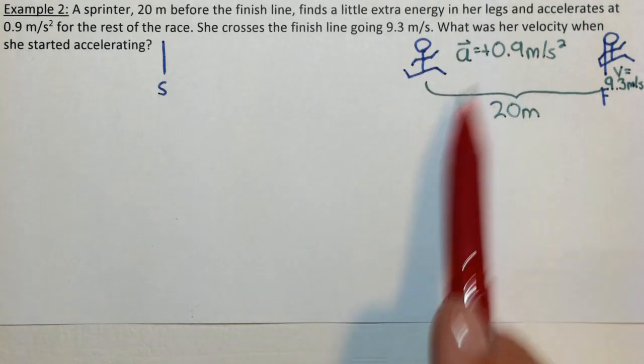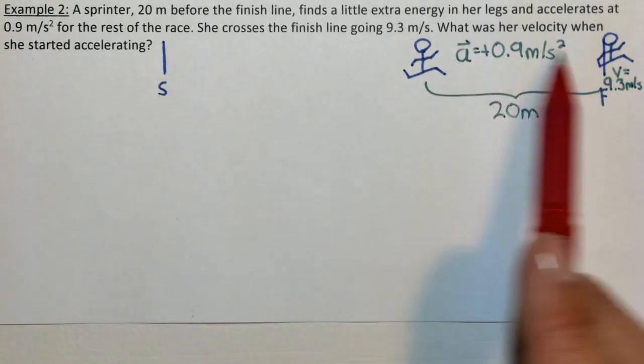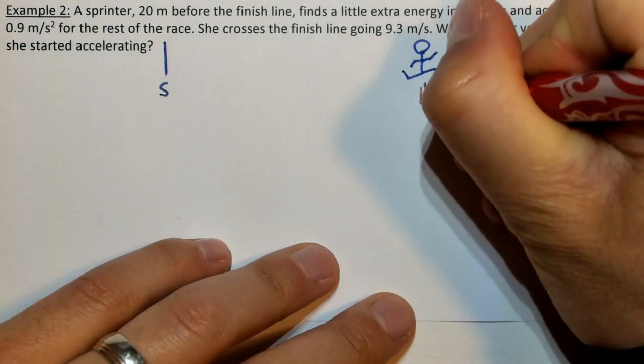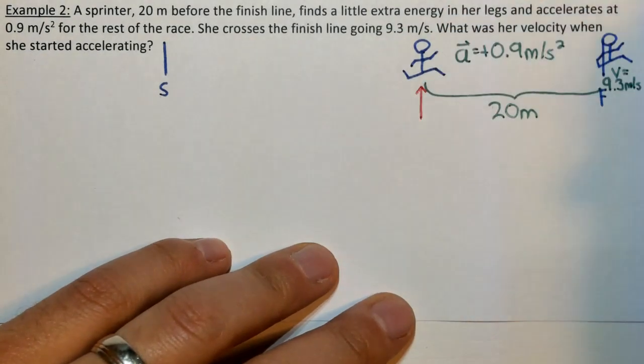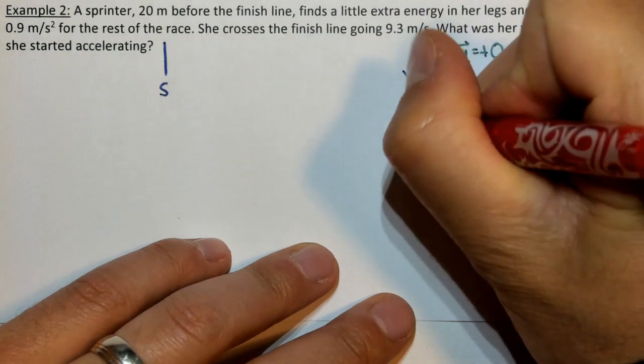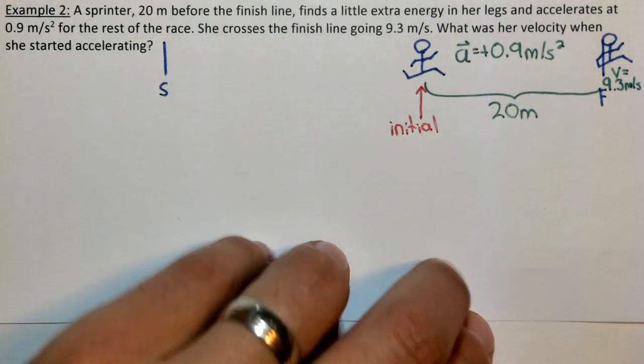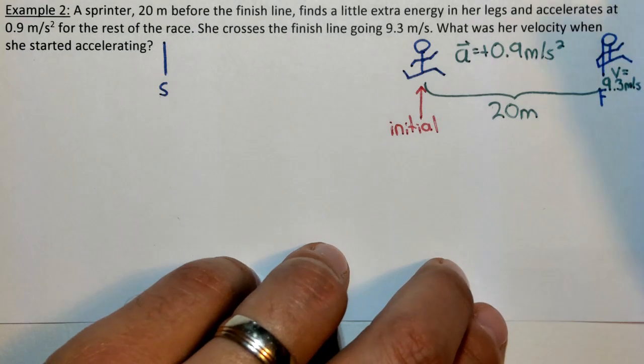This is where we know the displacement. This is where we know the acceleration. So I think for this question, we're going to actually say this point over here, where she starts accelerating 20 meters from the finish. This is initial. That's where I'm going to start my stopwatch.